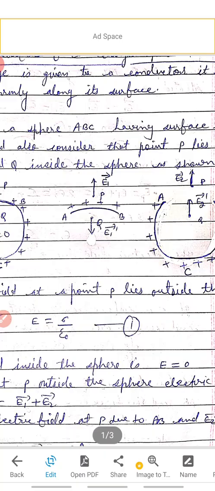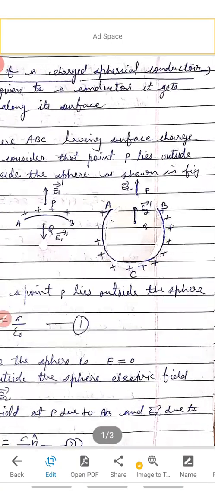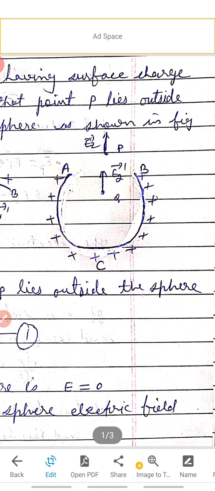And the directions of electric fields E2 and E2 dash at points P and Q are in the same direction.